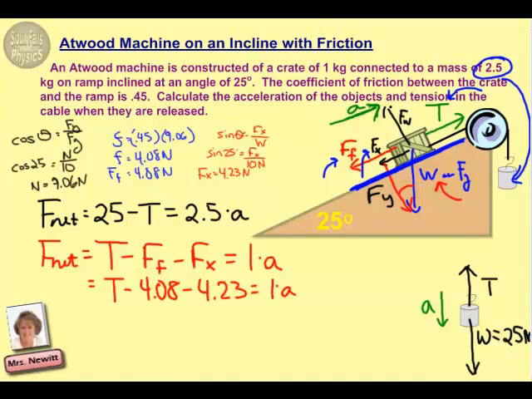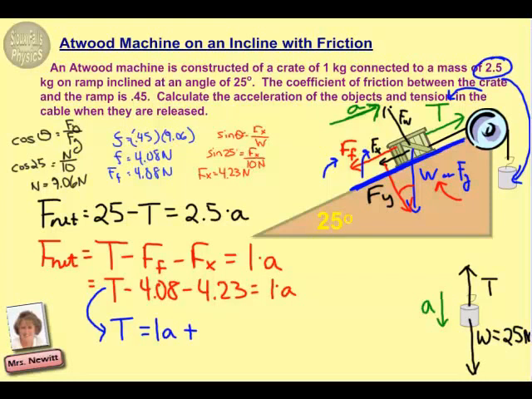And mass times acceleration is still 1 times a. We can then take this equation here and solve it for tension. This would basically be equal to tension equals 1a, moving the 4.08 and the 4.23 to the other side.